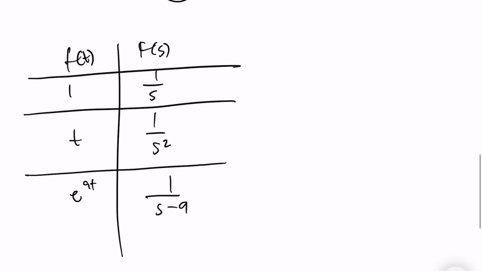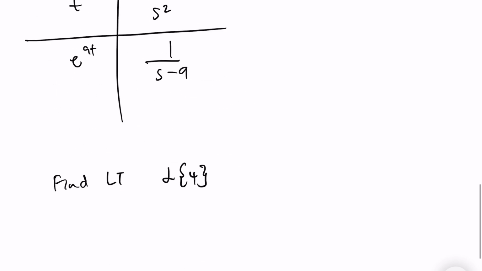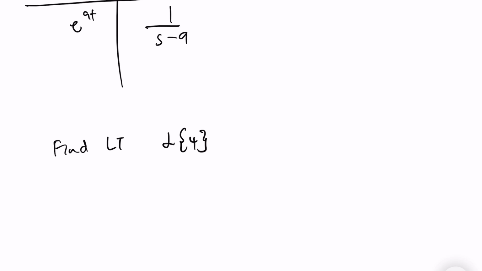Please find the Laplace transform of 4. So very easy, just from the table you can see here the Laplace transform of 1 is equal to 1 over s, where 4 becomes the constant here.